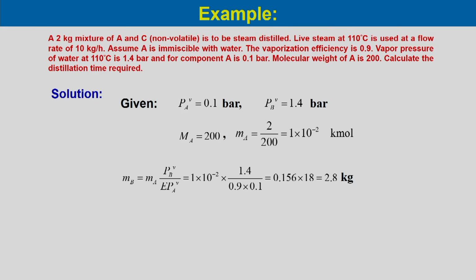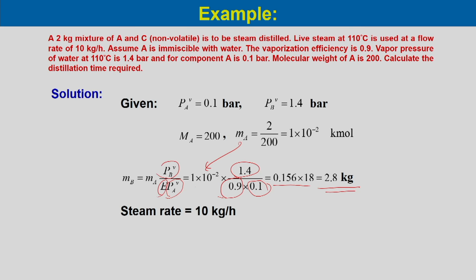So, we can calculate MB as MA into PBV divided by EPAV, that is, the vapor pressure of component B divided by the vaporizing efficiency into the vapor pressure of component A. By substituting MA, the vapor pressures of both components, and the vaporizing efficiency of 0.9, we would obtain 0.156 into 18, which is equal to 2.8 kg.